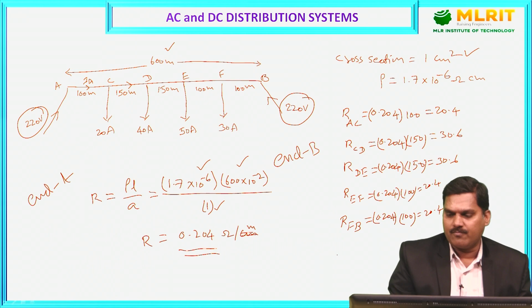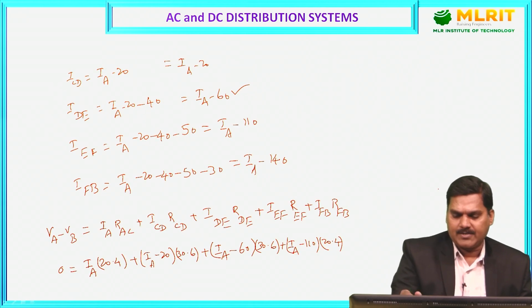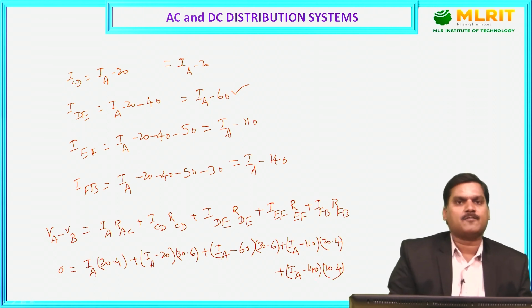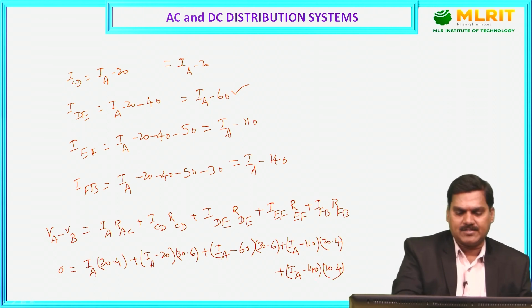Next, plus IFB, which is IA minus 140, multiplied by again 20.4. So these are the substitutions from previous calculations.